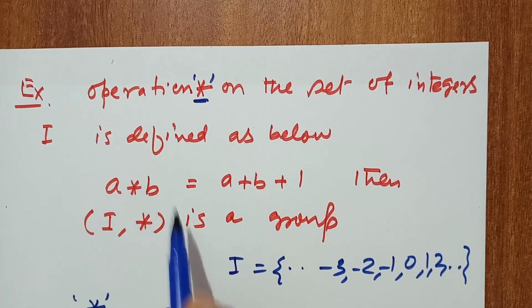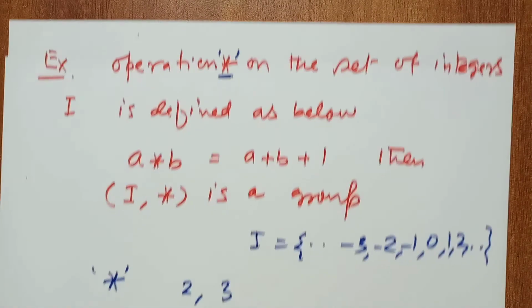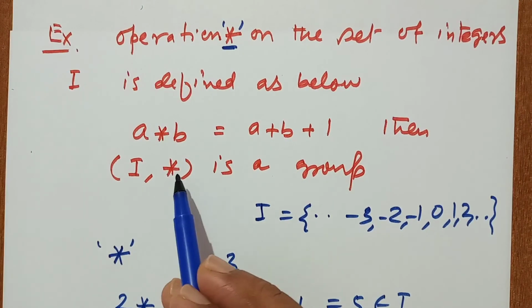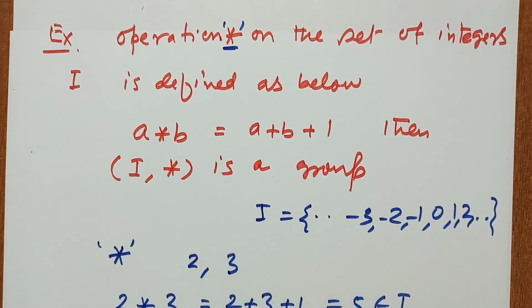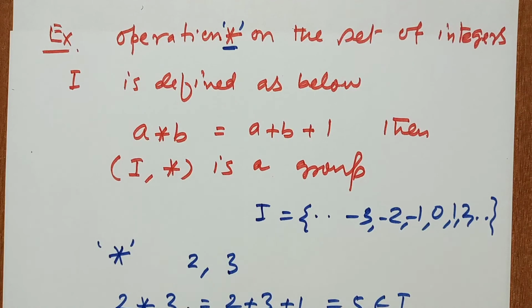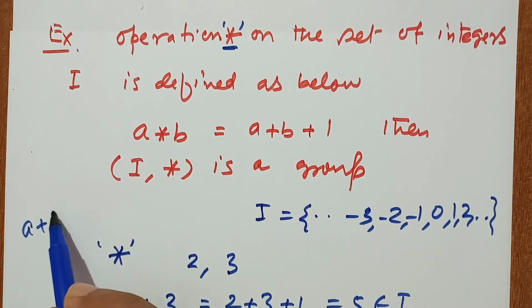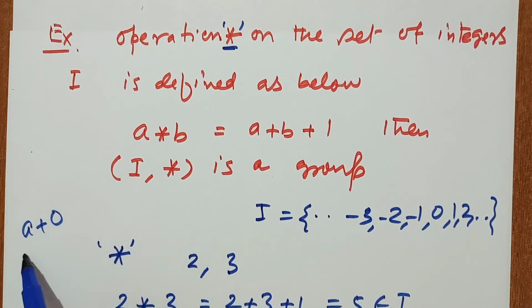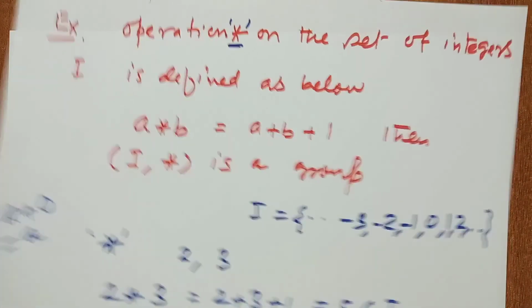This is an important point. So what is the property of the identity element? In the case of addition, 0 is the identity, and if you add any element with 0, you get a. So similarly we need the identity.